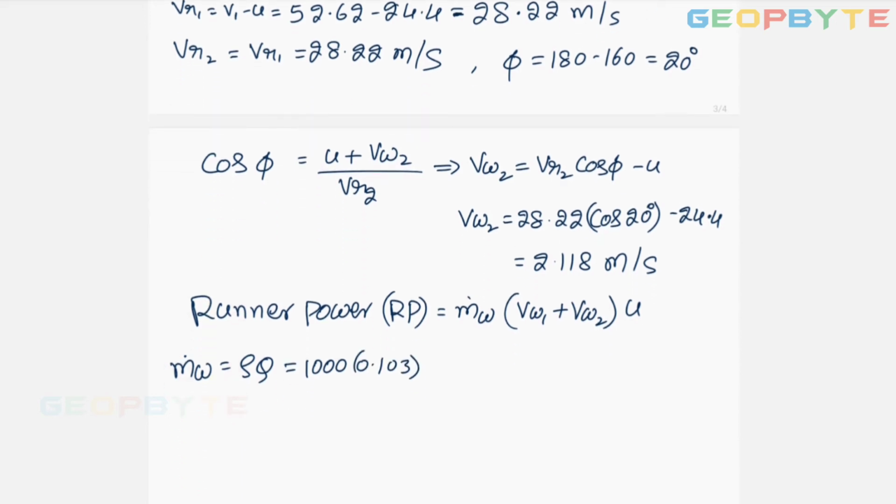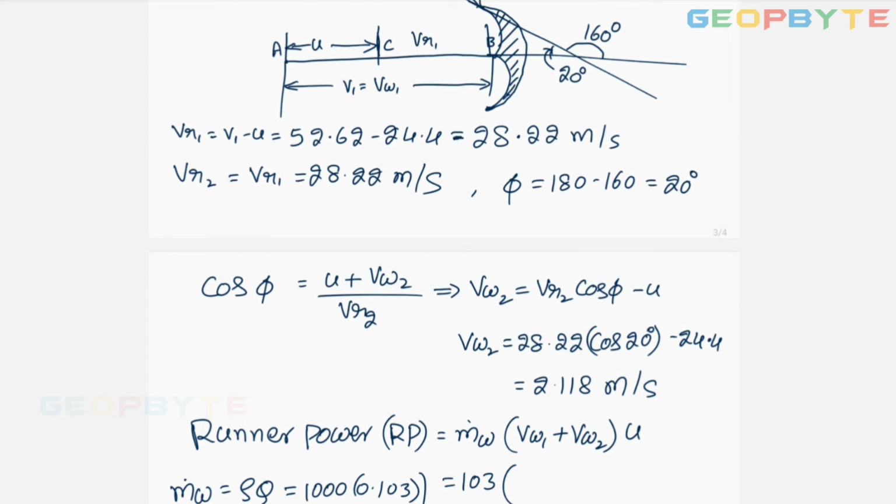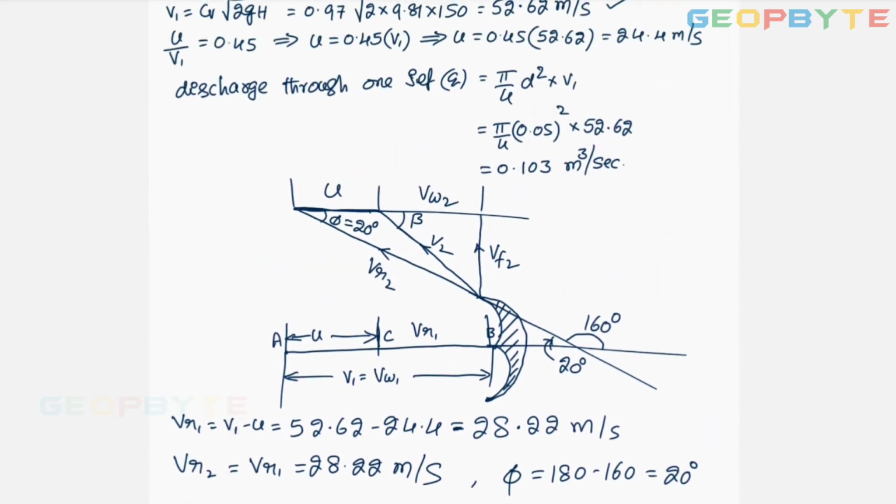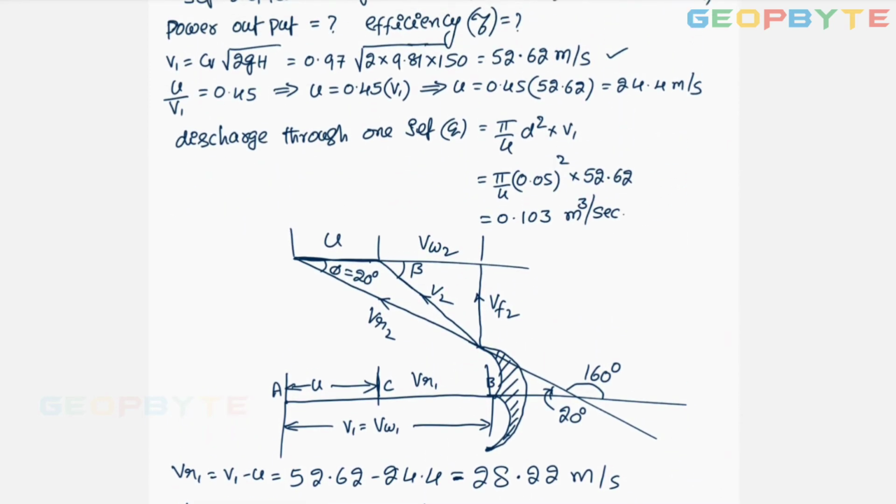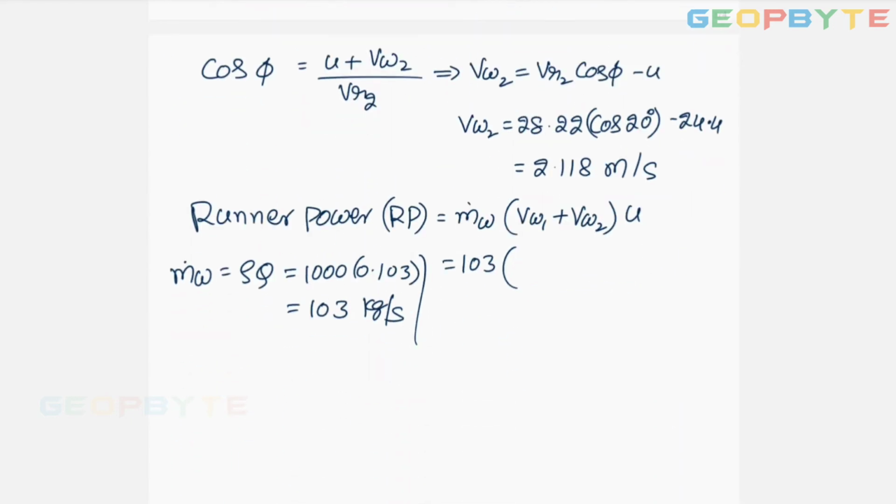Simplify this value for getting 103 kg per second, multiplied by VW1 equal to V1 only, that V1 is 52.62, plus VW2 2.118, multiplied by blade speed 24.4.